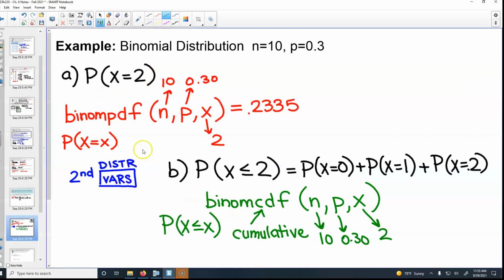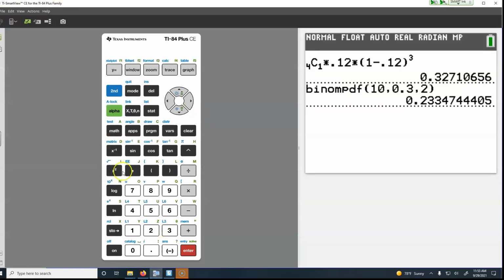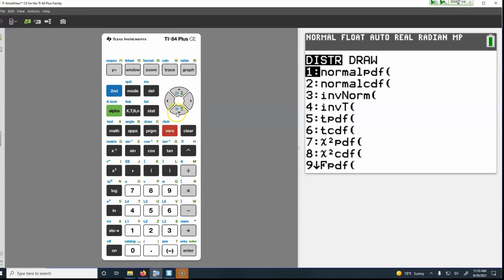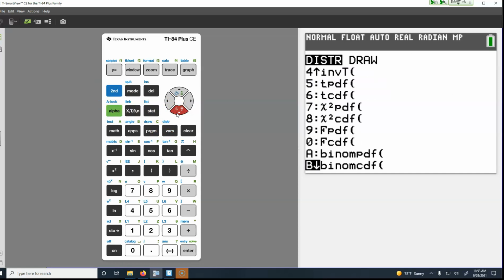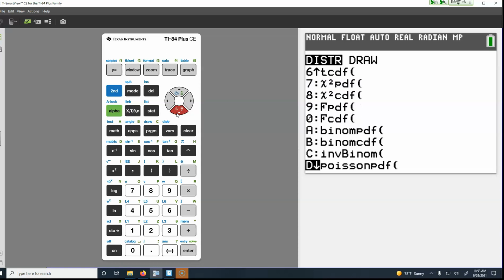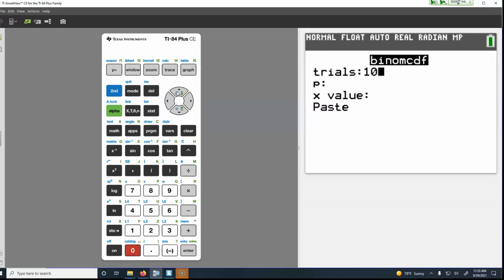Okay, so let's go to the calculator again. We're going to do basically the same thing. Go to the distributions, but now we're going to go one more down to the CDF. And you can see that all these different ones have PDFs and CDFs. That's why they're all in here twice. So we want the CDF now. Okay, and then we're putting in the same values.